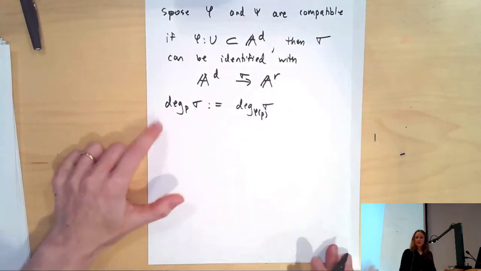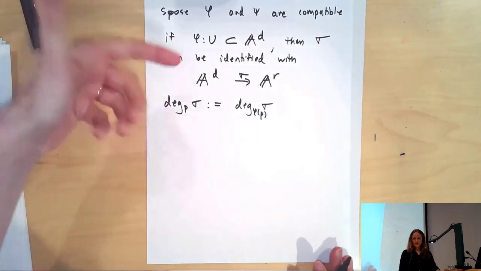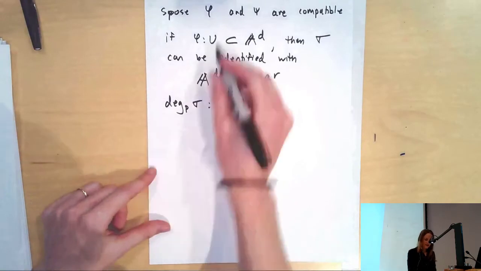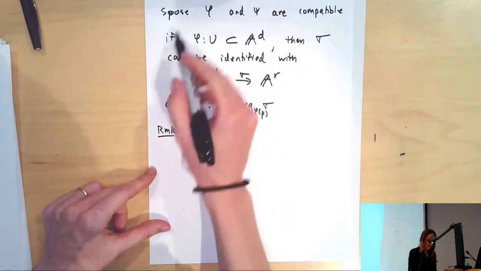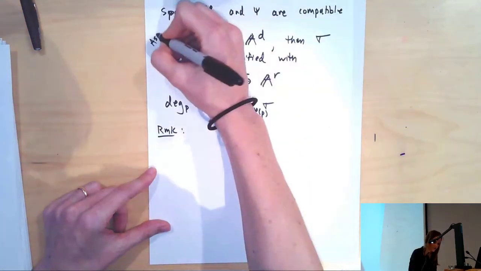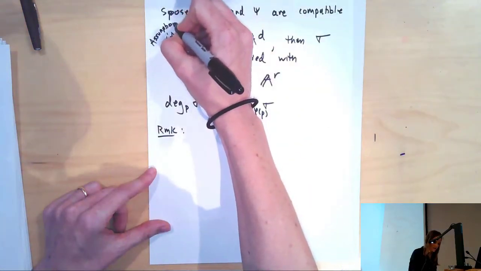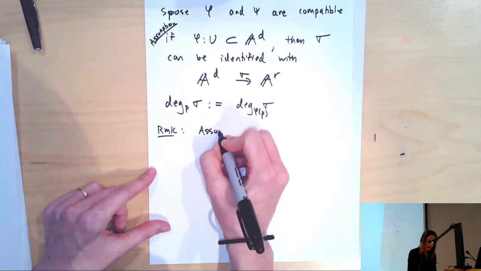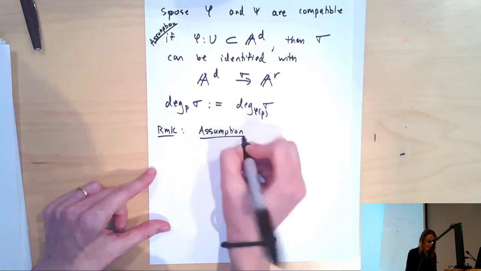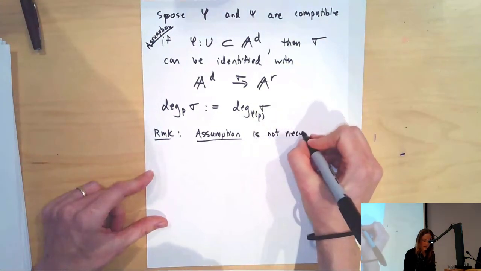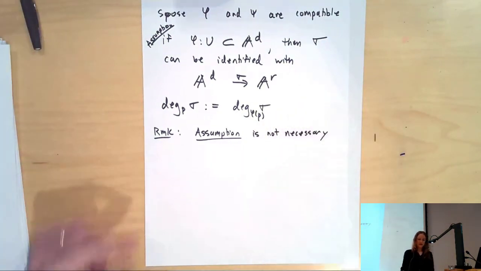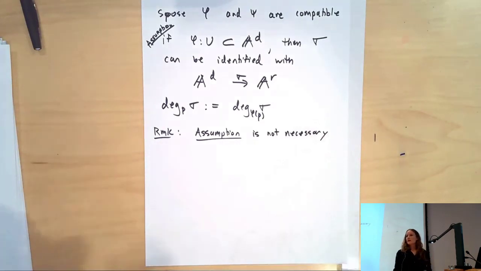So there would be our definition. This assumption isn't necessary because the A1 local degree is finitely determined, which means that if we modify a function by something in a high enough power of the maximal ideal, it's not going to change the degree.